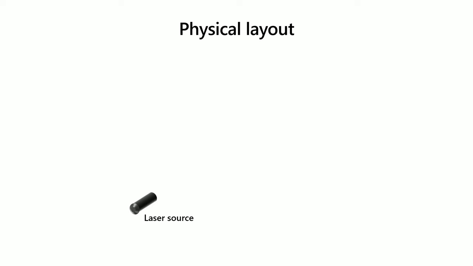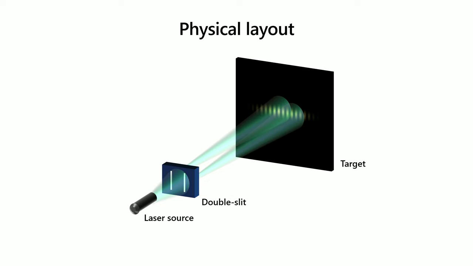So we've got a laser, and that laser is going to send a beam of light through two slits, slightly spread apart. Those two beams of light then are going to shine onto a target. The target is going to be over here, this little piece of paper, basically cardboard over there.